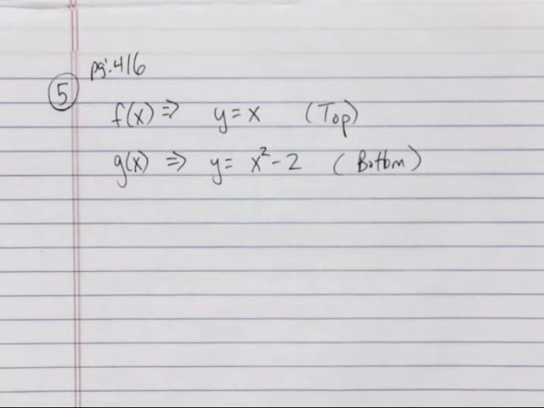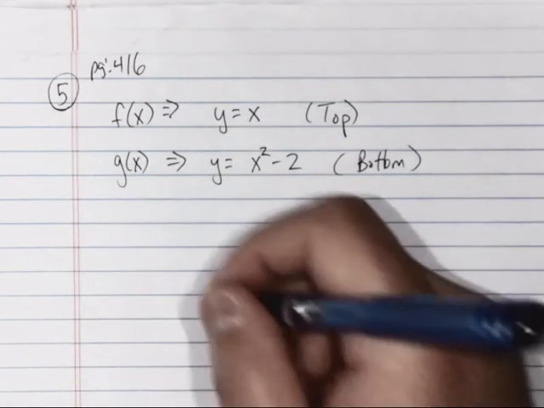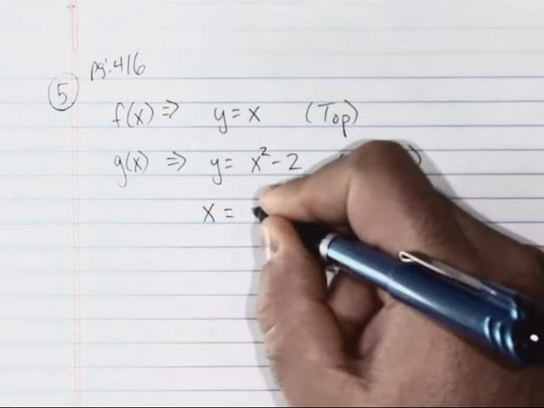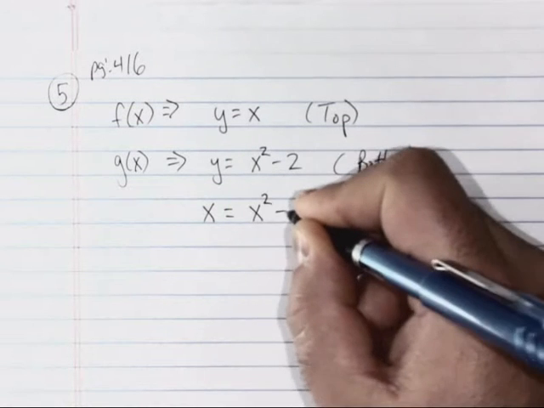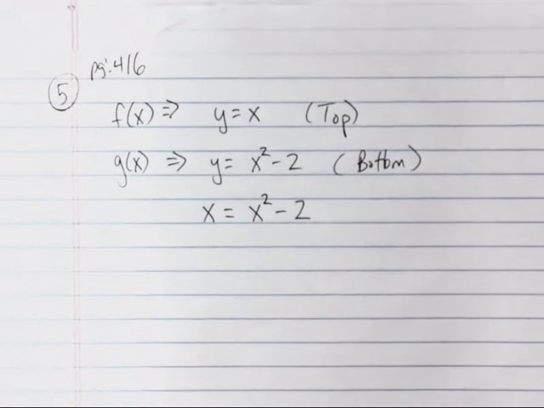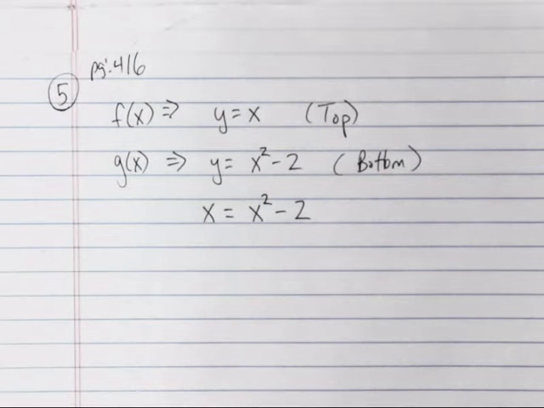Okay, so like I said, I want to figure out what a and b is, and that's the intersection points. So to find that, essentially set those two equal to each other. All right, so x equals x squared minus 2. I'm basically setting f of x equal to g of x, and so when they are equivalent to each other, that would represent the intersection point on that graph.